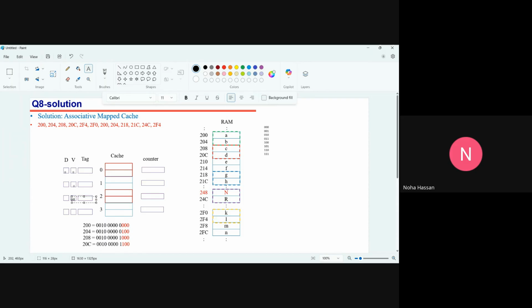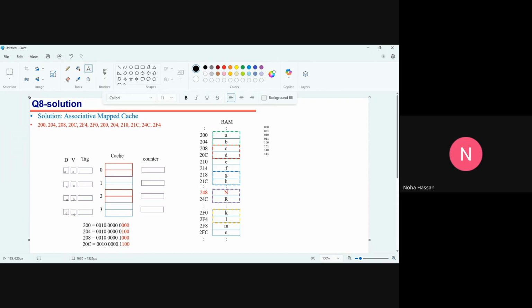This is the initialization, or the initial step. All the dirty bits are 0, and also the valid bits in the beginning are 0. No tags are valid. Nothing is valid. Very well, now we'll get started.